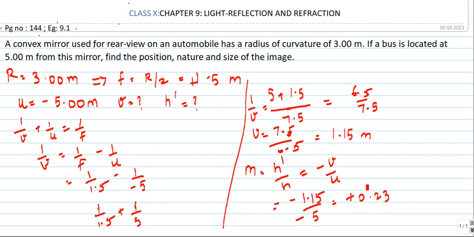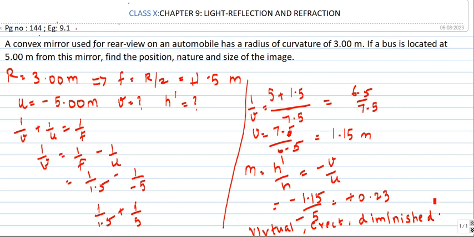We already saw that when the magnification is positive, the image is virtual. So what is the nature of the image here? Virtual, erect, and diminished, because m is less than 1.